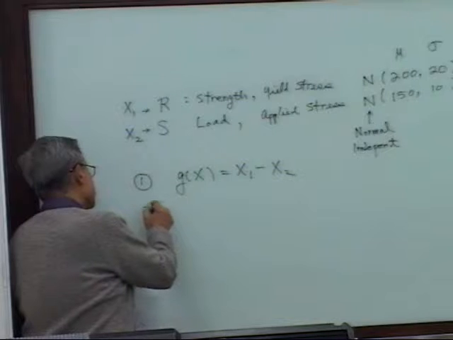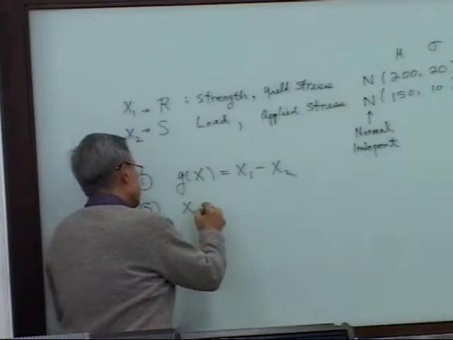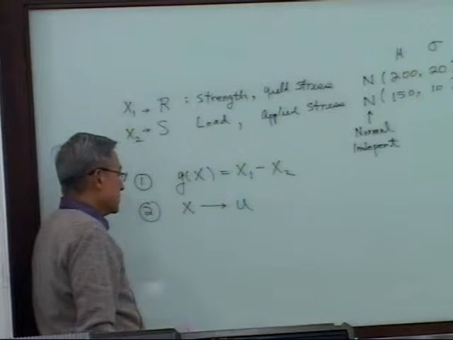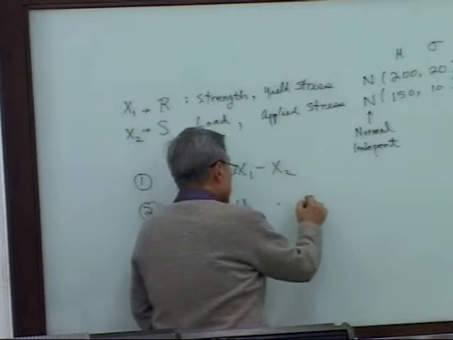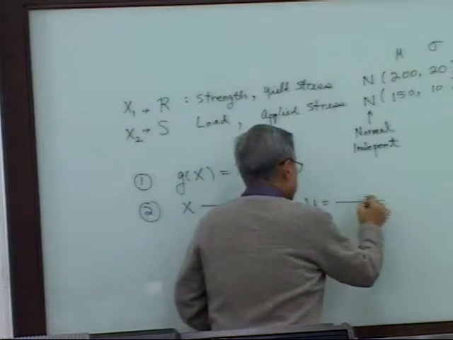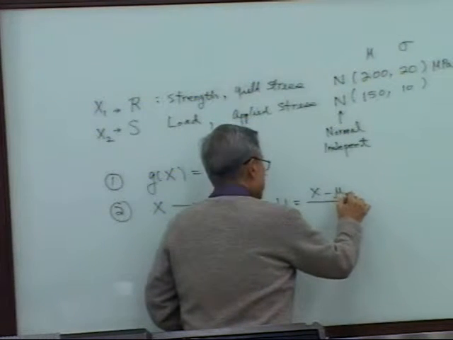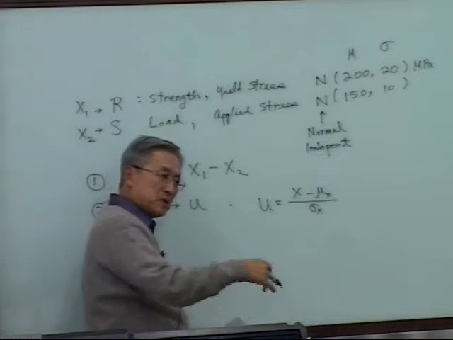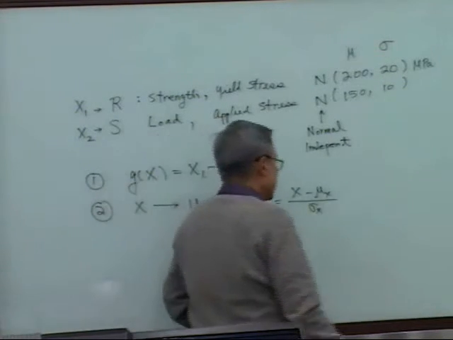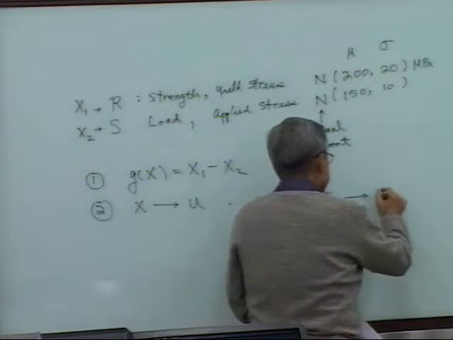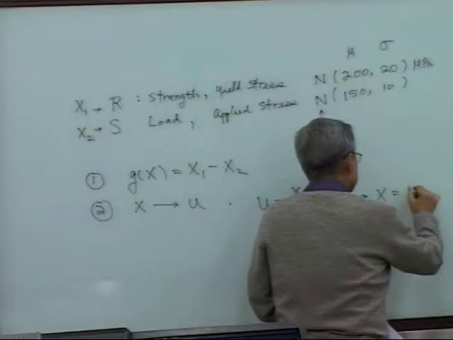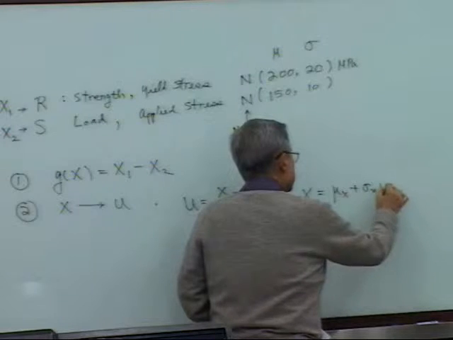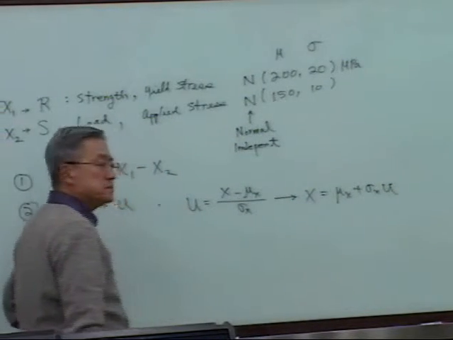Next is the transformation of x into the U space, which we have done. In the transformation, u is equal to x minus mu x over sigma x, which puts it in the standard normal distribution form. So x is equal to mu x plus sigma x u.